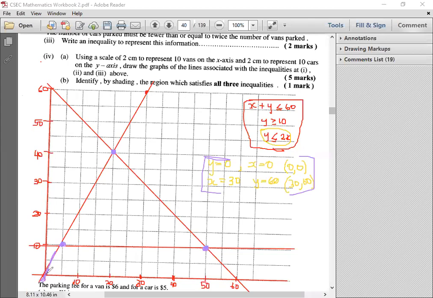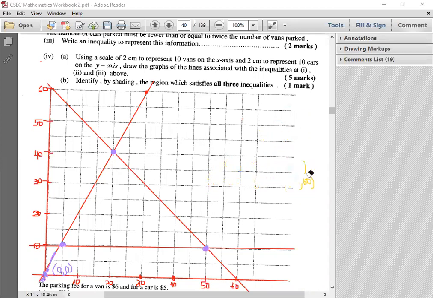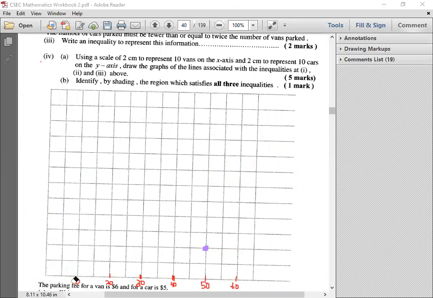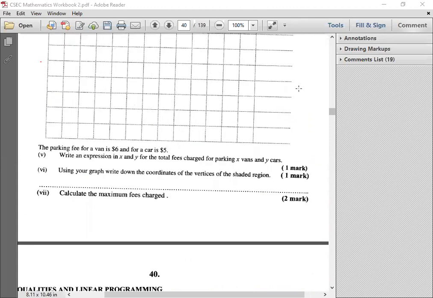Down here, the first point should be 0, 0. Can I move on now? Yes, sir.